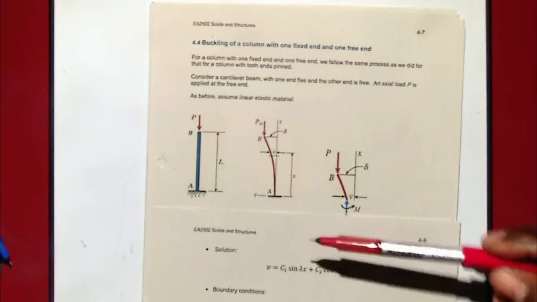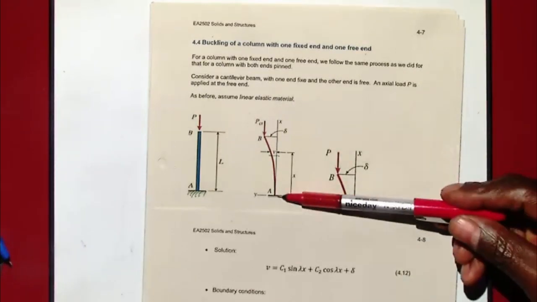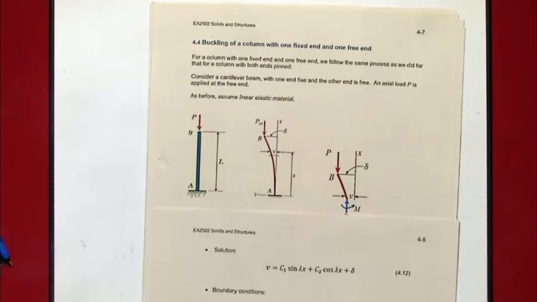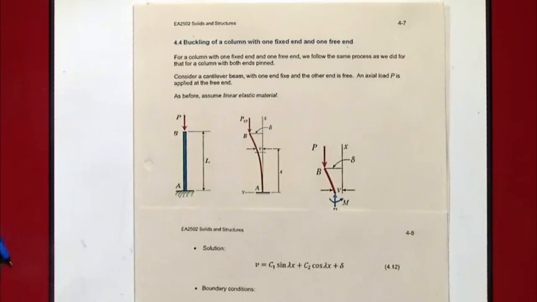We have the equation for V, which is here. We're starting from A up to B. So what are the boundary conditions? Boundary conditions are what we know about V and the slope.